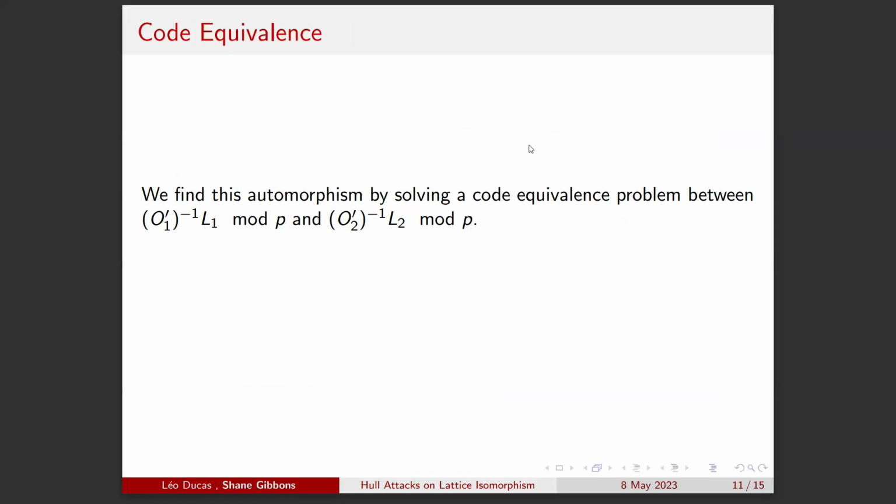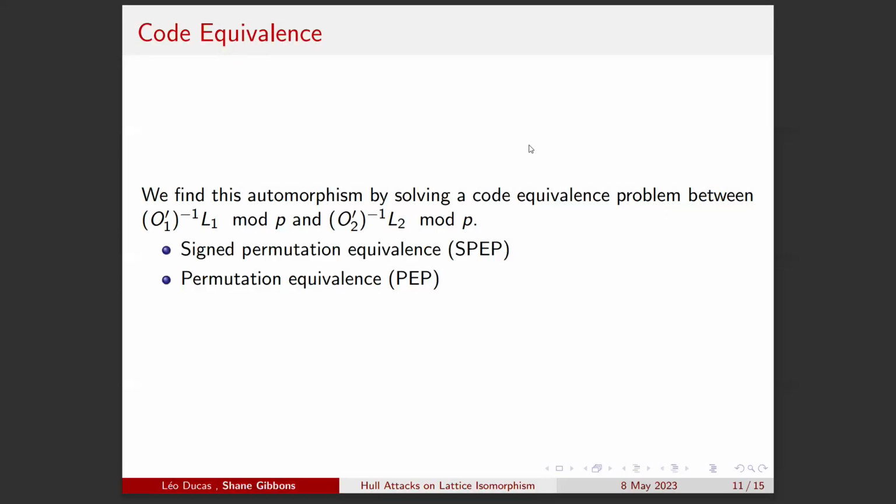After we apply the isomorphism that we have found to L1 and L2, and we reduce modulo p, suddenly we have that C1 and C2 are equivalent via some element of the automorphism group of pZ^n. And such an element is always a signed permutation. That's to say, a permutation of the coordinates and a possible flipping of the sign of the coordinates in your code.